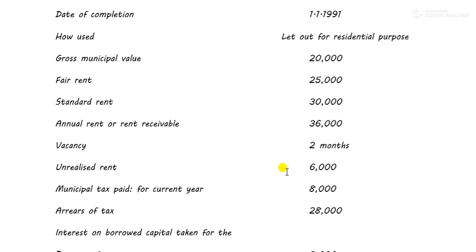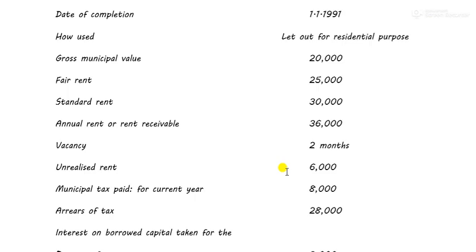Now we'll revise all the concepts that we used to do. Again, what was my expected rent? 25,000, right? What was my annual rent? 36,000.